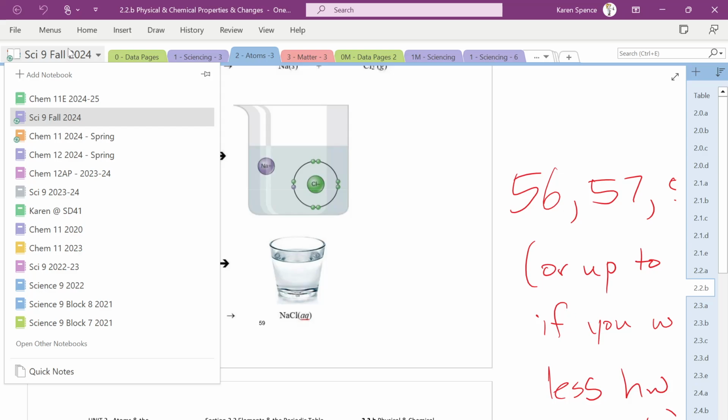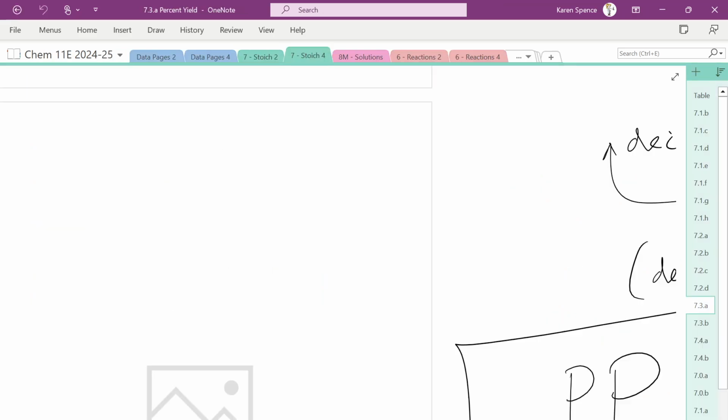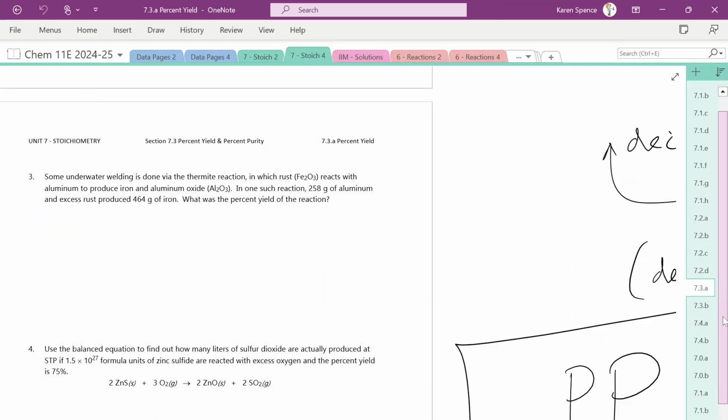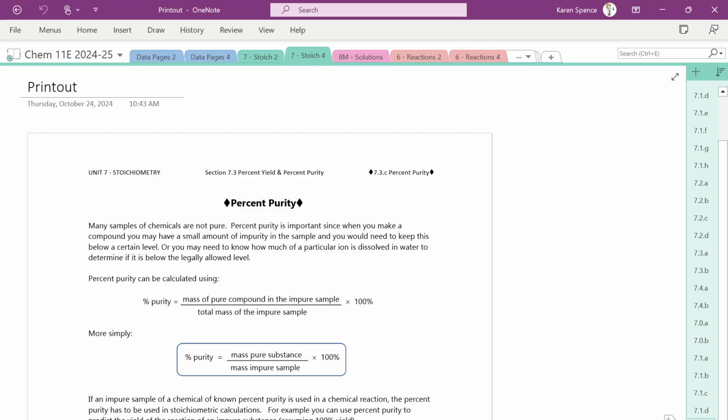Then we're going to move today on to percent purity. This is on page, I think it's 74.